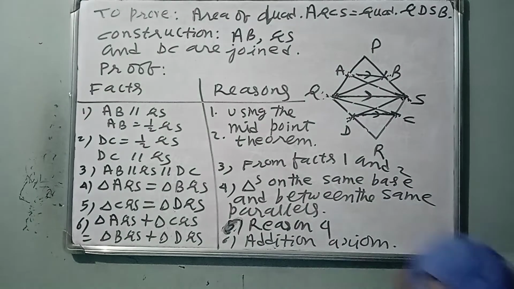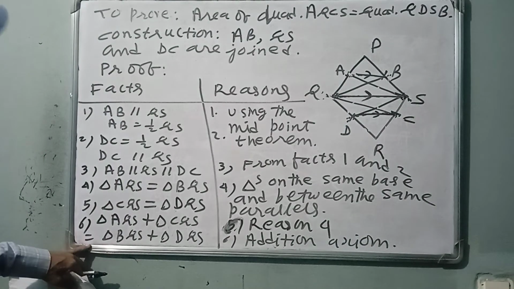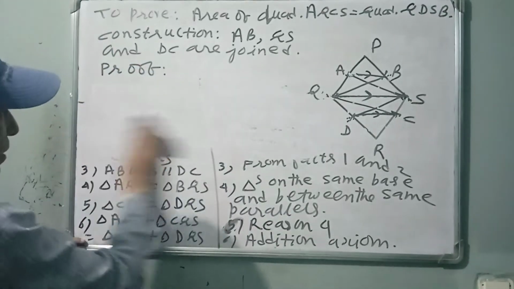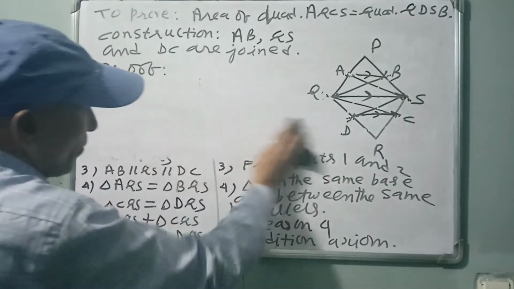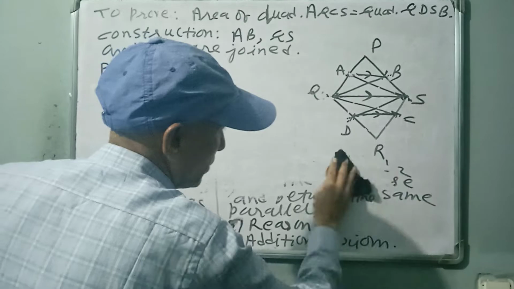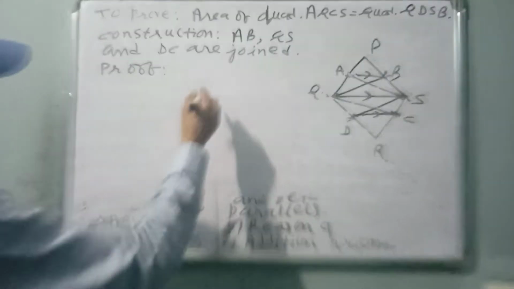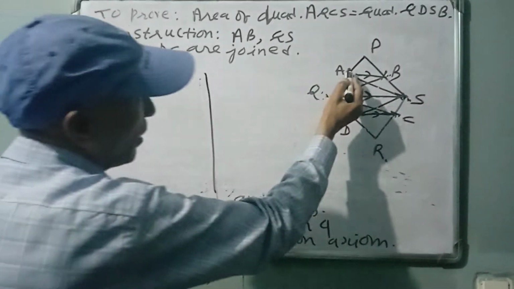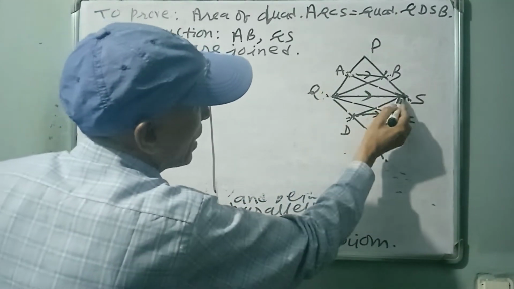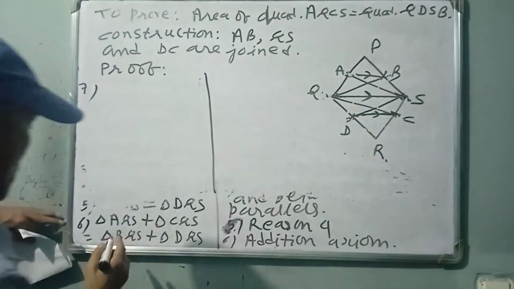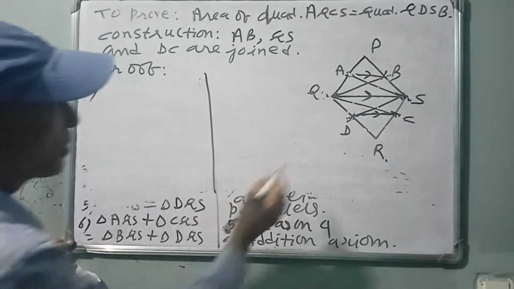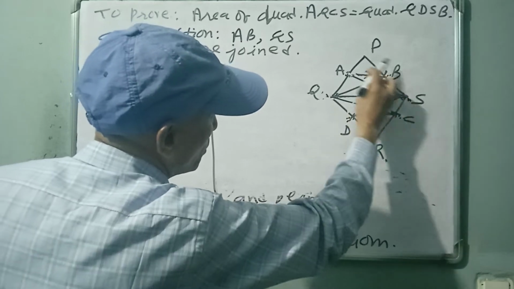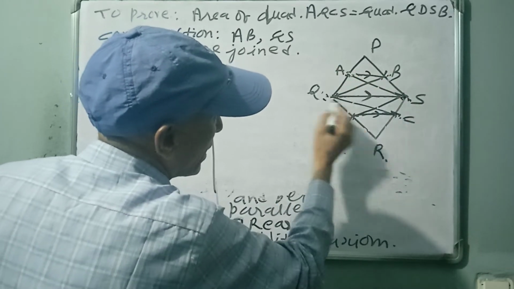Now I am going to do question number 7, the last one. Let us look here. Fact number 7: triangle AQS and CQS. AQS plus CQS, what does it become? This triangle plus that triangle gives quadrilateral AQCS.